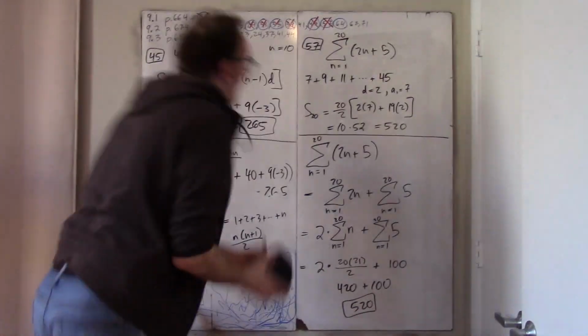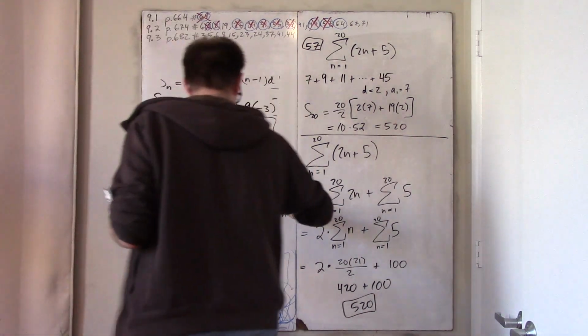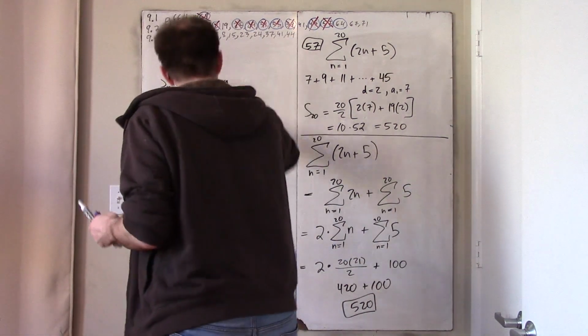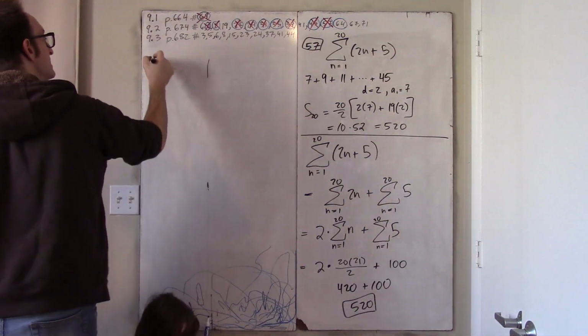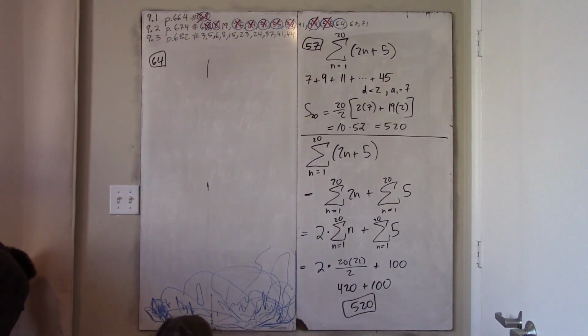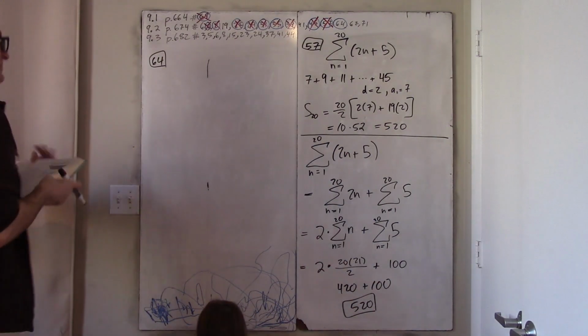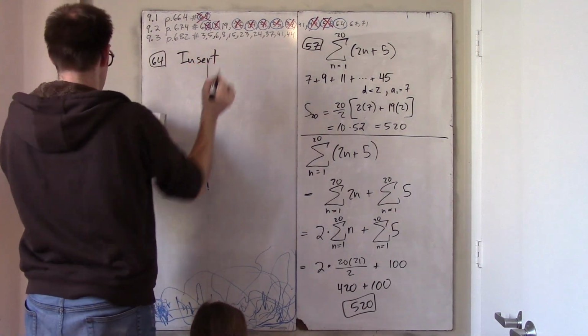Okay. So, last problem, 64. Not something that's particularly important, maybe. But what does it say? This is not something we talked about in class. The problem says, insert k arithmetic means. But in this case, k was 4.